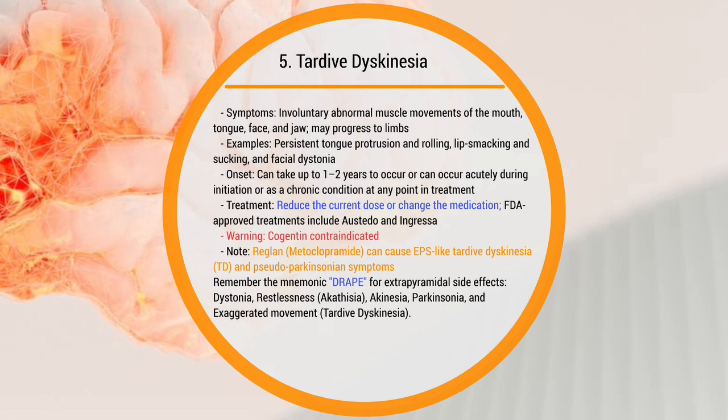Think of this as DRAPE. D is for dystonia, R is for restless, which reminds you of akathisia, A for akinesia, P for parkinsonism, and E for exaggerated movement, which is the TD part of the acronym. So, DRAPE.